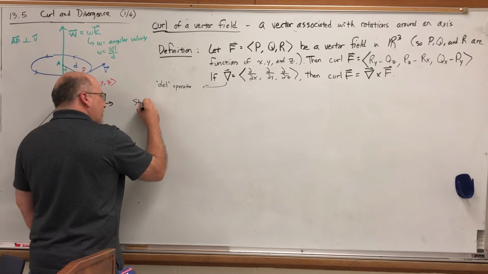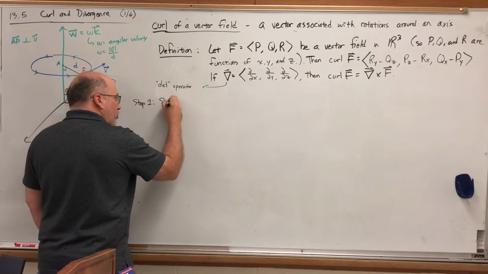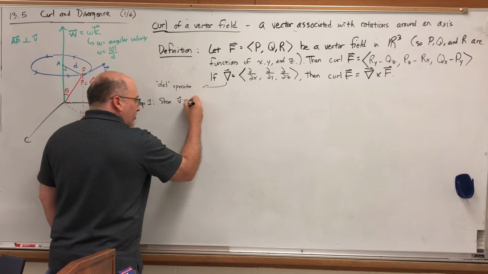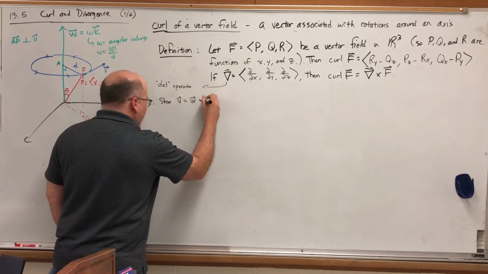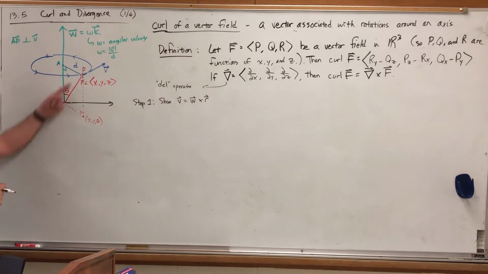Step 1 is I'm going to show that V is the cross product of vector W and vector R. In other words, that the velocity vector for this point going around the axis of rotation is the cross product of the axis of rotation and the position vector associated with the point. Now, how are we going to do this?